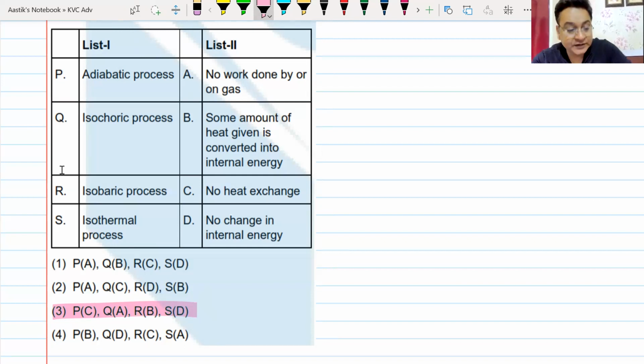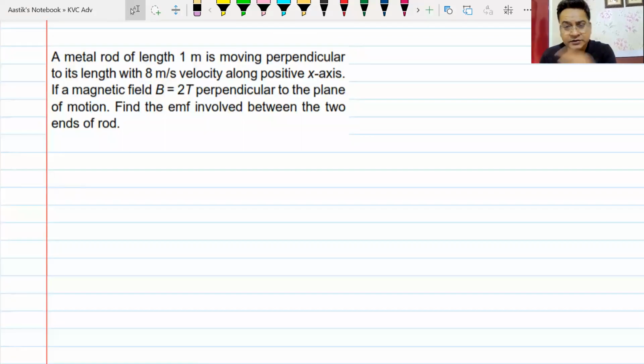Okay, this is the last one, and this is from the second section where you have to give the answer in terms of decimals. A metal rod of length 1 m is moving perpendicularly to its length at 8 meter per second. Magnetic field of 2 Tesla, perpendicular to motion. What is the EMF induced between the two ends of the rod?